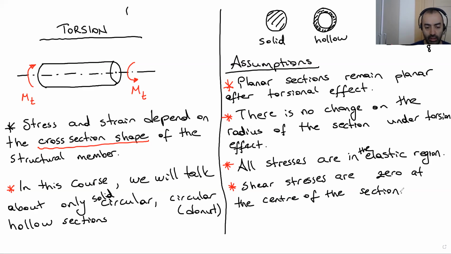This assumption is important and good to understand how the torsion works on the section. Let me explain this one on the next page. Here, what we said, by the way, the first thing: under the torsional effects, there will be shear stress on the section. Okay.